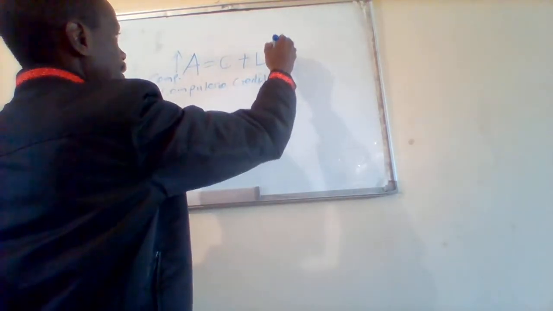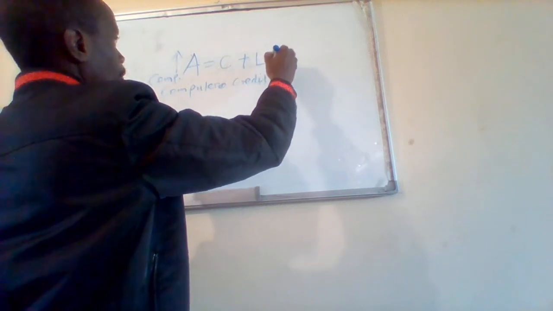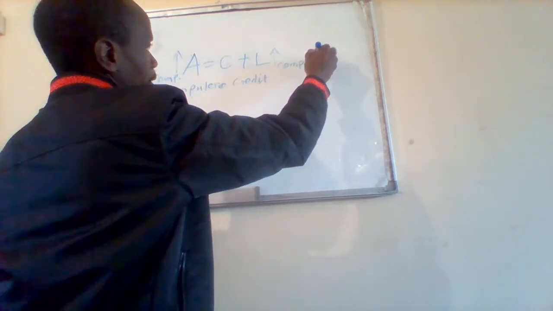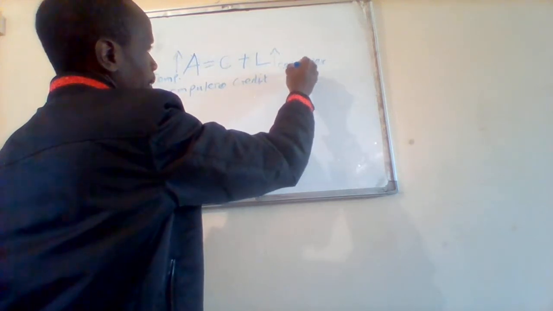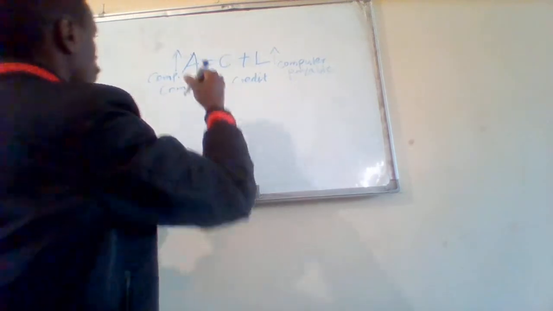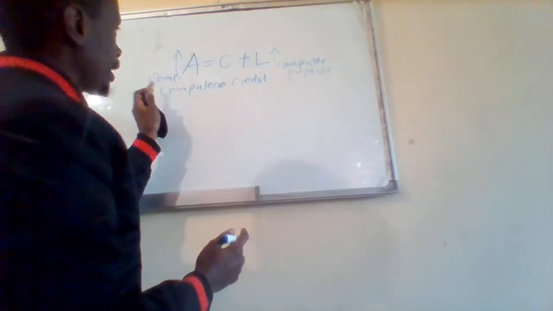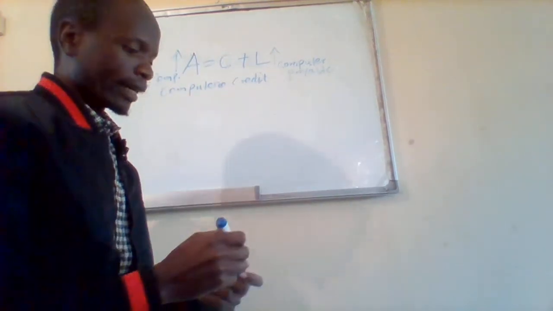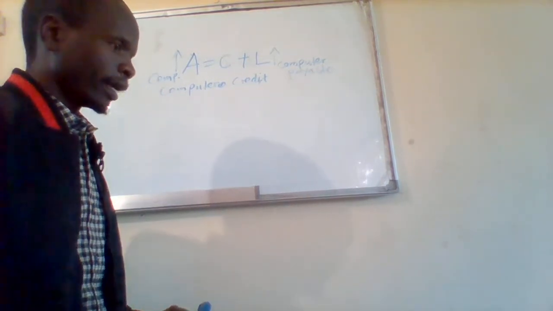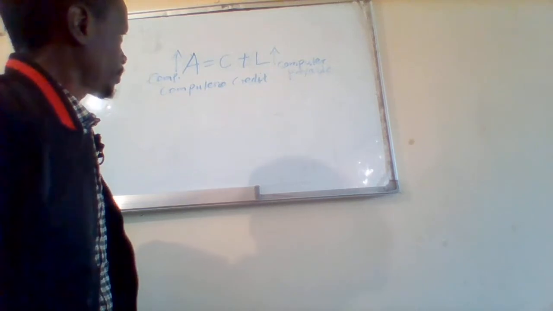Let me call it computer payable. So the left hand side has gone up and the right hand side has also gone up. The accounting equation is balanced.